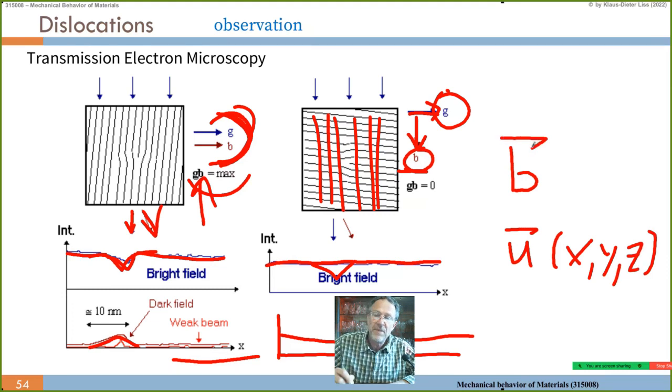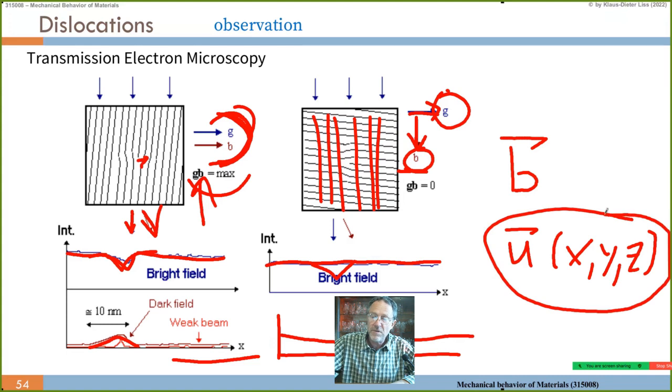For a dislocation, b is the displacement of the dislocation, but it's not a description of each atom at its position. The atoms near the dislocation have displacements, and the Burgers vector b is the integral of u. If you integrate all displacements over the volume around the dislocation, you get the Burgers vector b.